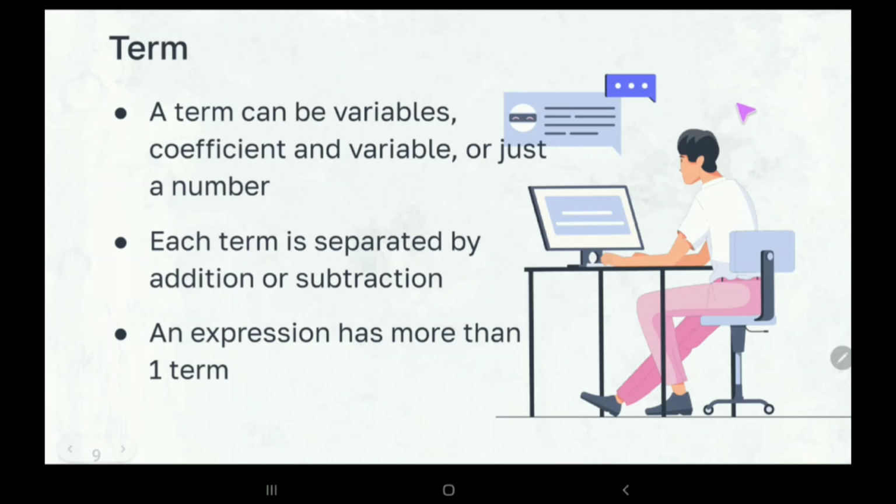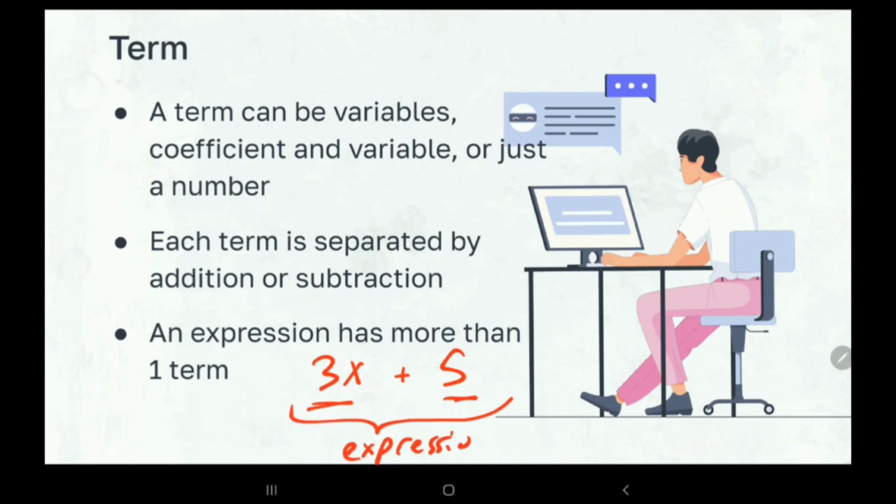So for example, if you have 3x plus 5, each of these is a term, but all of this is an expression. So this is an expression, this is a term.